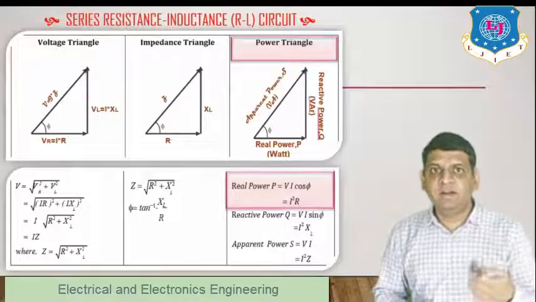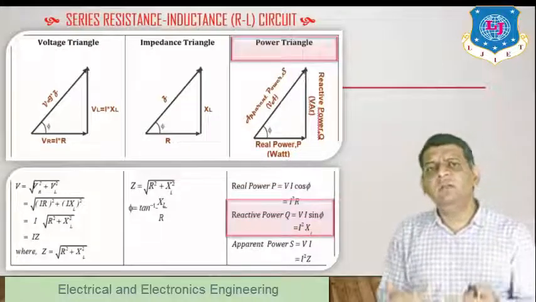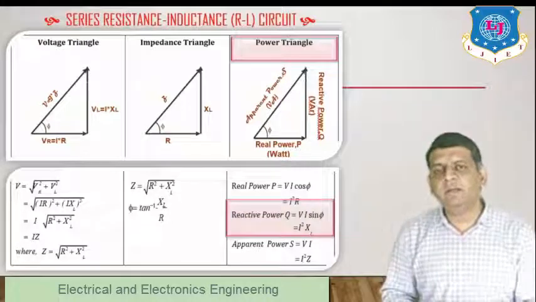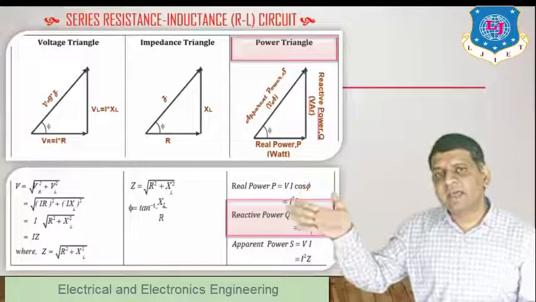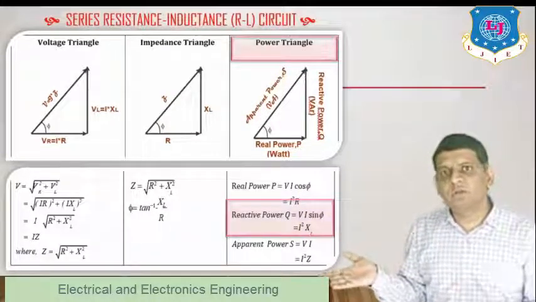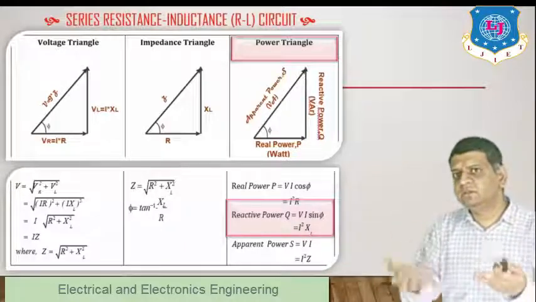In the same way, I define the reactive power, which is due to the reactive part, the inductor. So reactive power Q is equal to VI sin phi. From this triangle, you can see the x-axis always represents the cos term, and the y-axis always represents the sin term.